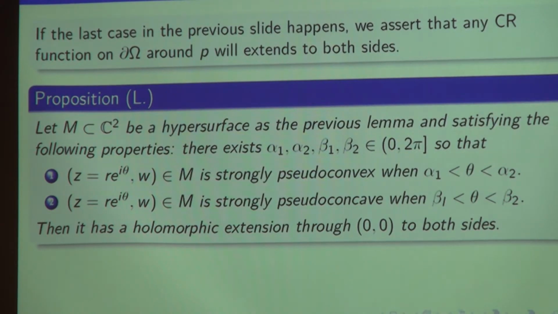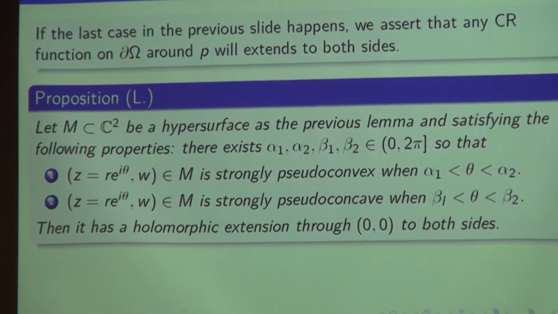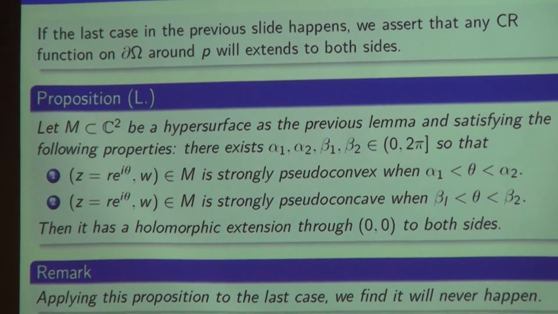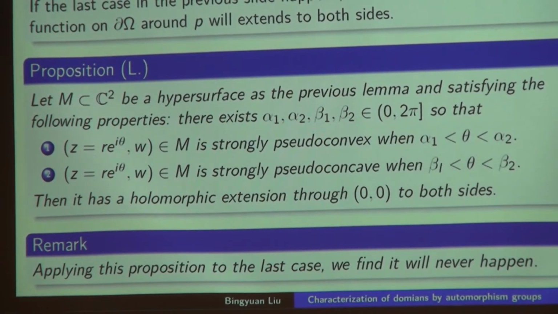If this happens, we give a proposition saying that the CR function defined around your P is going to extend to both sides. If we have this proposition, applying it to the third case, again by the Green-Kranz observation theorem, this cannot happen. But why does this proposition hold?